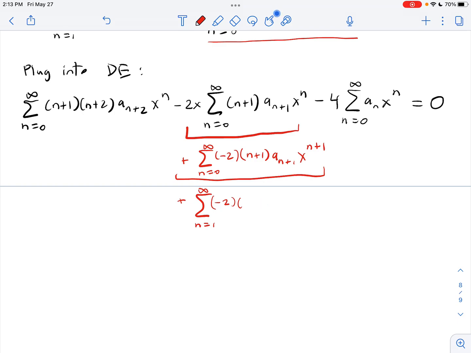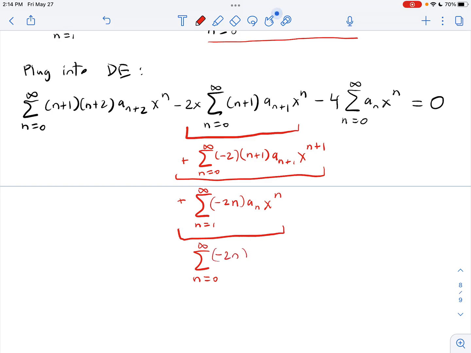Oh, I have to change this, sorry. Remember, all my n's inside are going to become n minus 1. So that means this is going to become negative 2 times n. Let me just write that as negative 2n. And then this becomes an x to the n. Finally, I'm actually going to make this start at n equals 0.